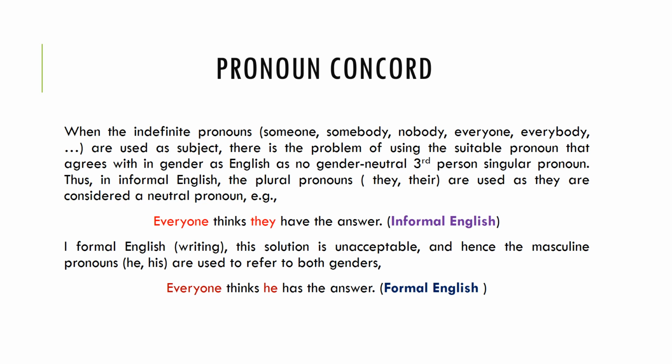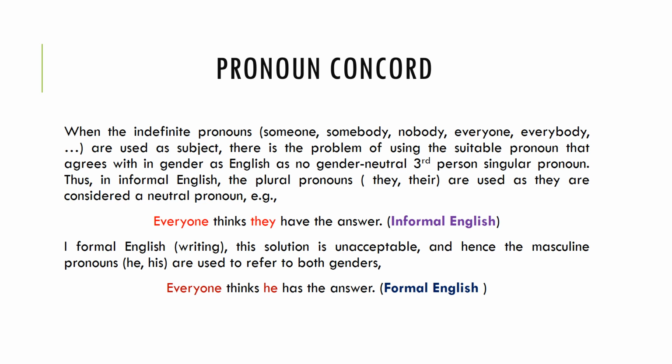This is informal English. Here in the middle of the sentence we have used the plural pronoun they. And we know that they is a plural pronoun and does not agree with everyone in number. Yet in informal English they use this plural pronoun because they regard it as neutral. It refers to both genders.